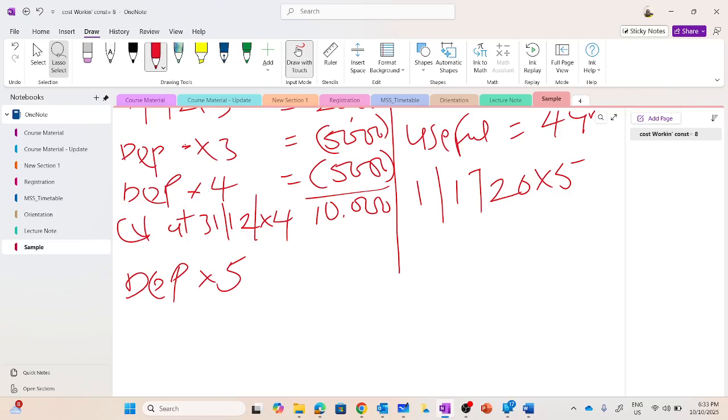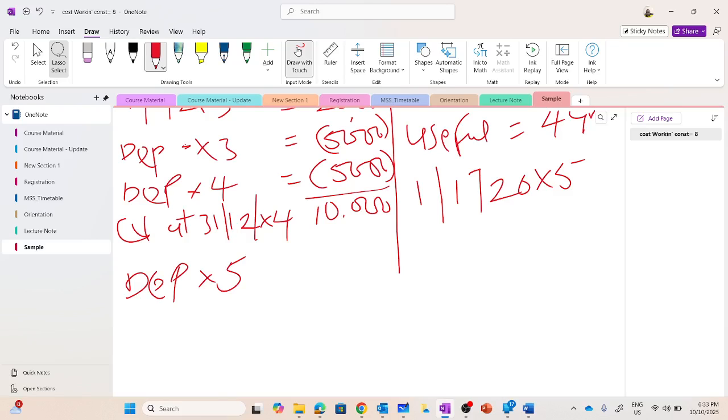So the depreciation we are going to deduct will be 2,500. So the remaining value of the asset will be 7,500. But the requirement is to calculate the depreciation for 20x5. So this is the solution and we need to understand it.